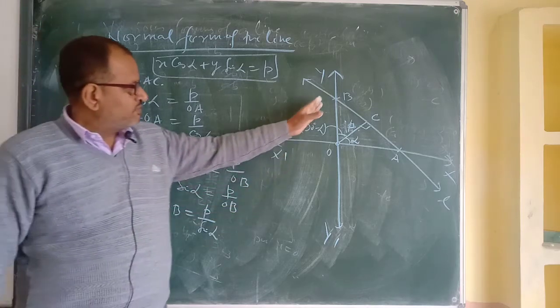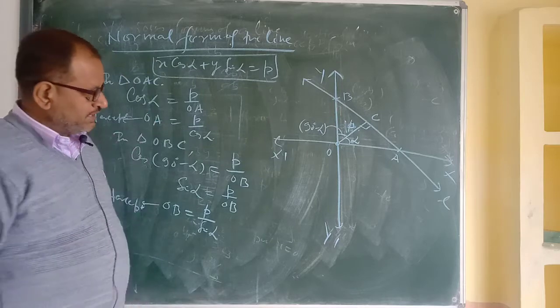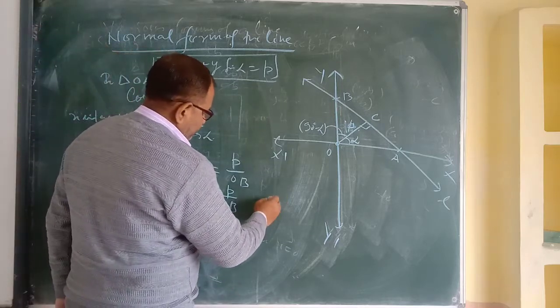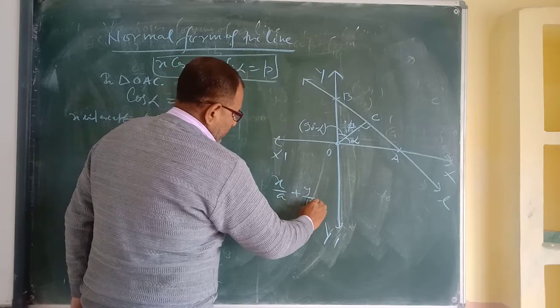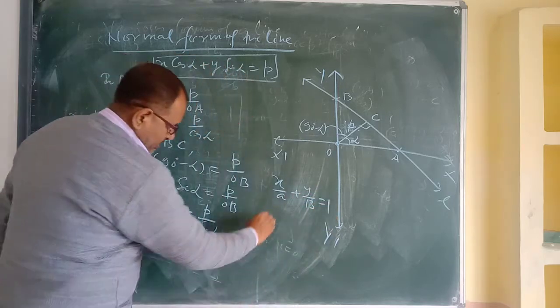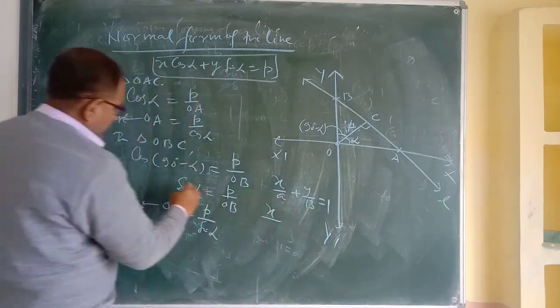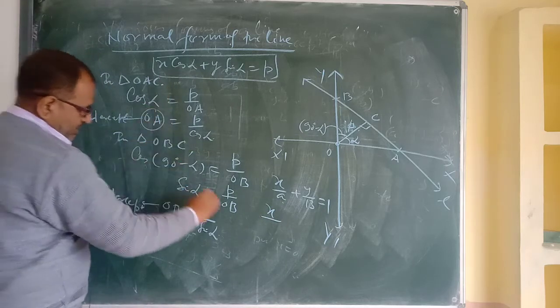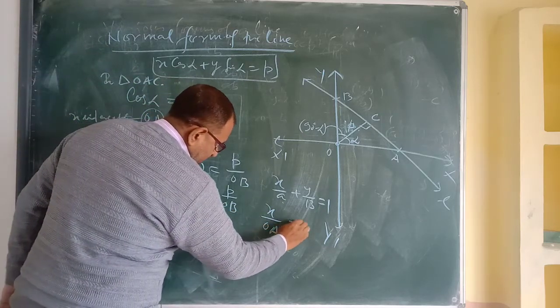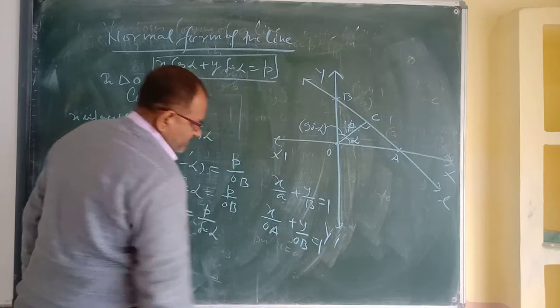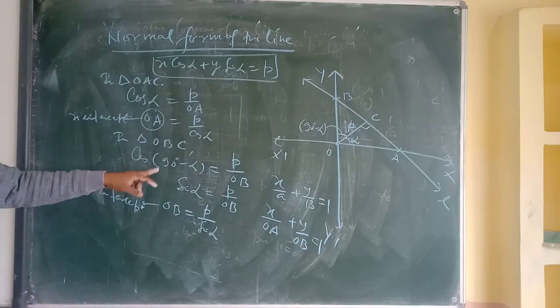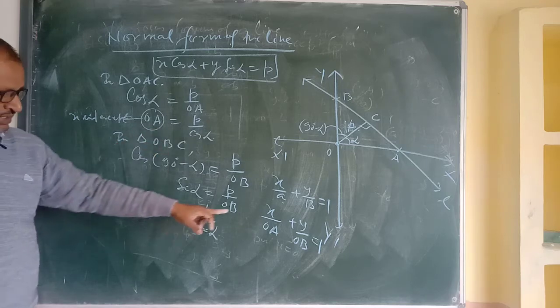We know that the equation of a line in intercept form is x upon a plus y upon b is equal to 1, where a is the x-intercept. Here x upon OA plus y upon the y-intercept OB is equal to 1.